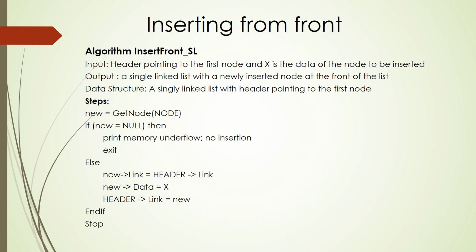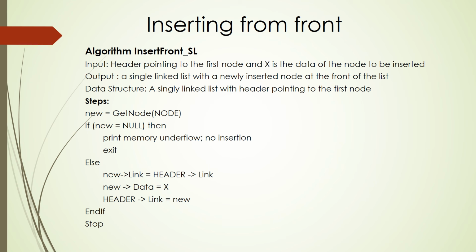Okay, so both new and header are now having the address 1500. Now you have a data which is to be updated as the data value of the newly created node. You just update it as new data is equal to x, where x is the new value to be added. Suppose it was 50. Now the newly created node is being updated with data field 50 and address field 1500.